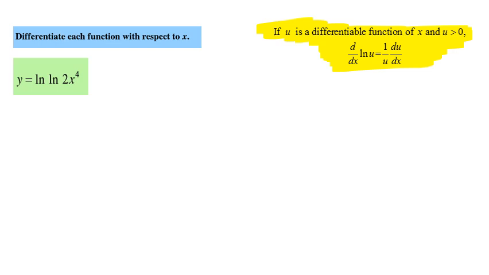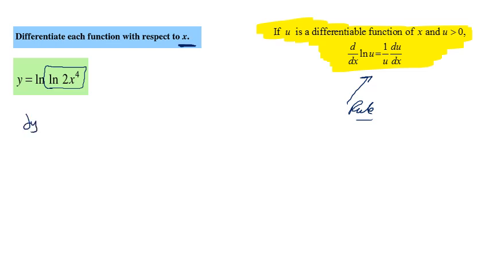Differentiate each of the given functions with respect to x. Y is equal to ln of 2x to the power 4. We are going to assume that this is u, and from the rule here, we know that the derivative of ln u is 1 divided by the function multiplied by the derivative of the function.